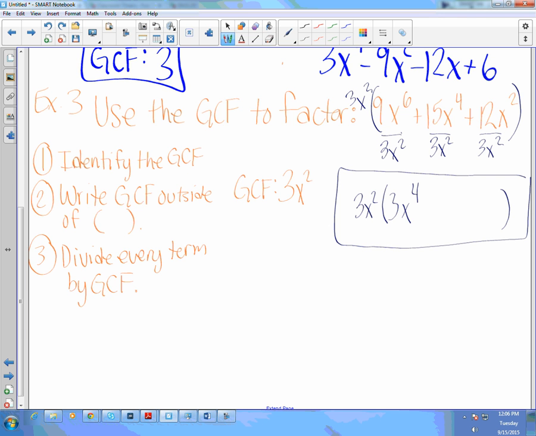What about this next term? What's 15 divided by 3? 5, and the x's. We have x to the 4th, so taking off 2, 5x squared.